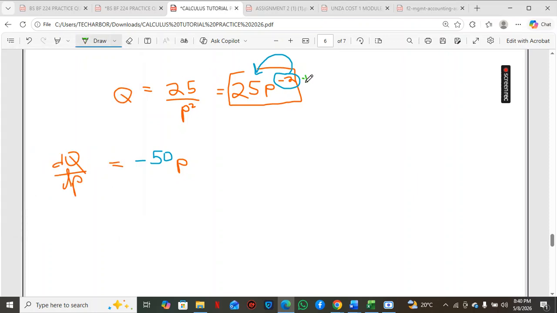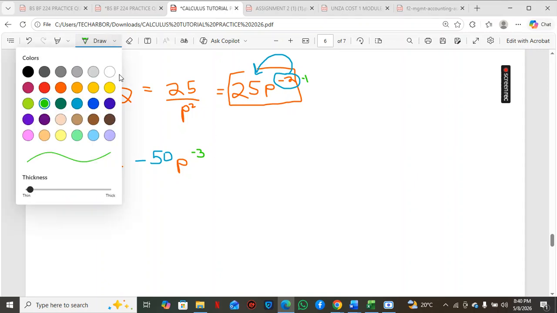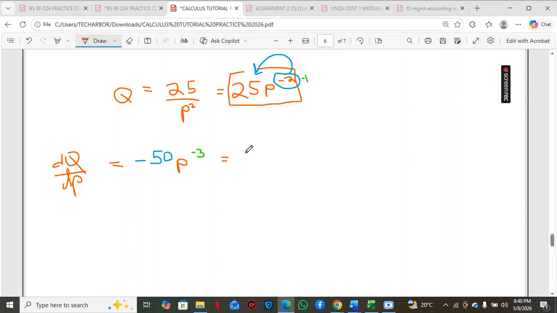Negative 2 minus 1, that is negative 3. So we can write this as negative 50 over P cubed. Any questions with that?